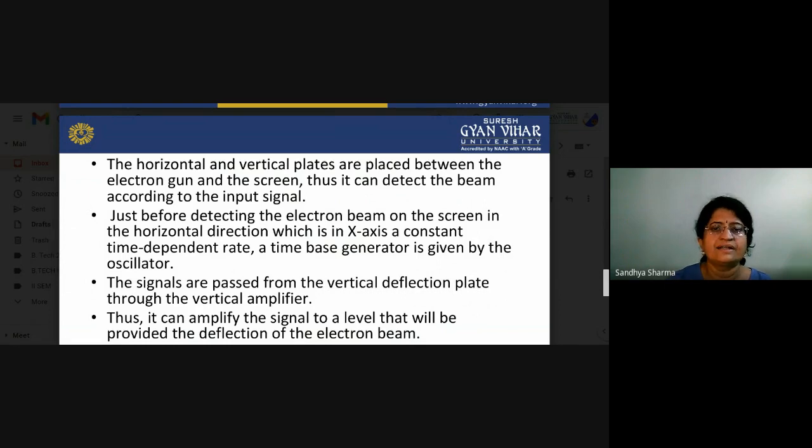For horizontal deflection, which is on the x-axis, a constant time dependent rate from a time base generator is also given to the oscilloscope. These signals are passed to the vertical deflection plate through the vertical amplifier. There is also a horizontal amplifier, and they amplify the signals to a level that will provide the deflection of the electron beam.